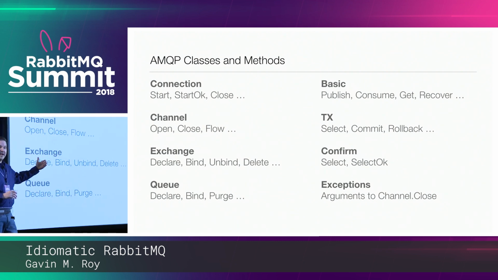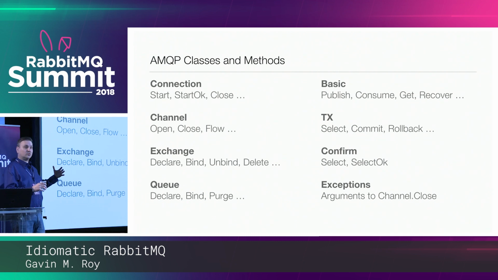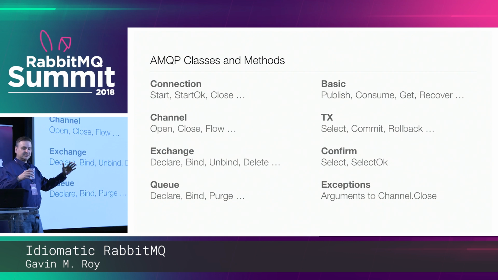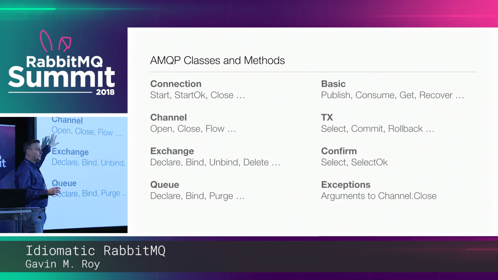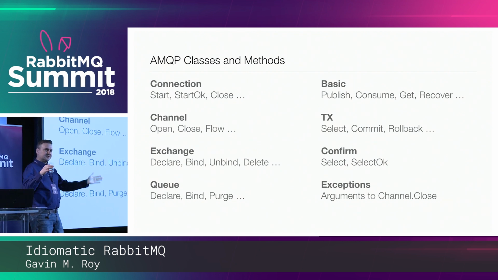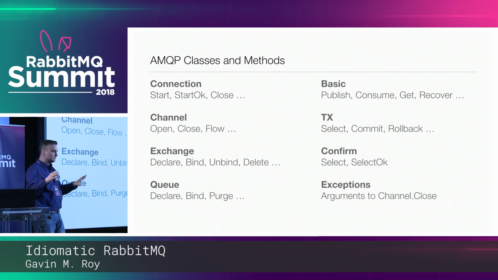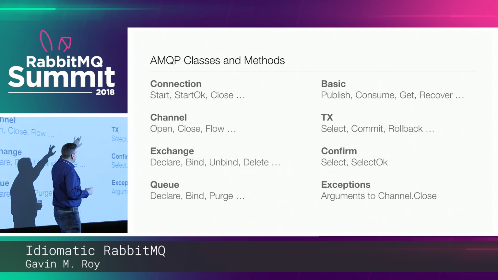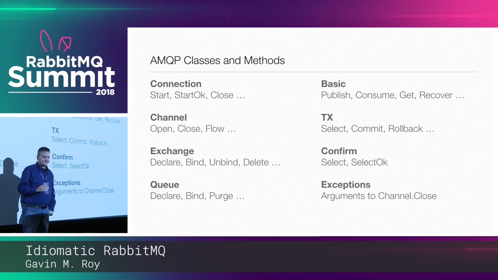But when you think through the life cycle of what happens at the low level when you're establishing a connection to RabbitMQ, you're going to basically establish that open connection, and then you're going to open a channel. And then once you've opened the channel, then you're going to do all the work. So you want to maybe declare an exchange, declare a queue, then you're going to want to bind the queue to an exchange. These have these nice call response, call type of behaviors until you get to the basic class.